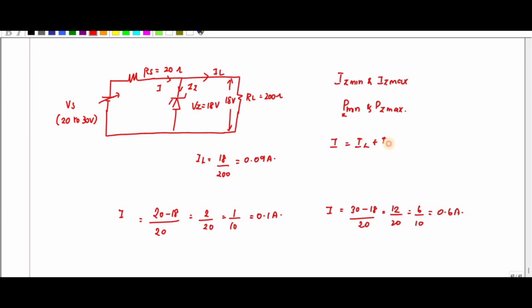We know that I is equal to IL plus IZ. So what is the value of IZ? IZ is equal to I minus IL. If I substitute the IL value, 0.1 minus 0.09, you will get 0.01.